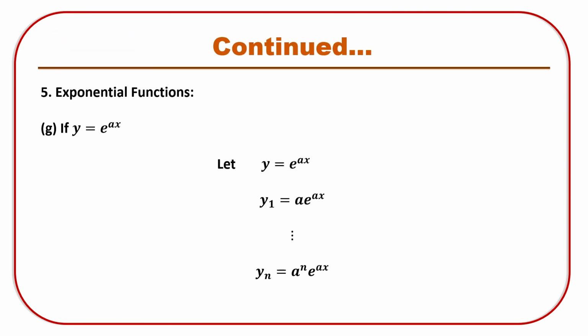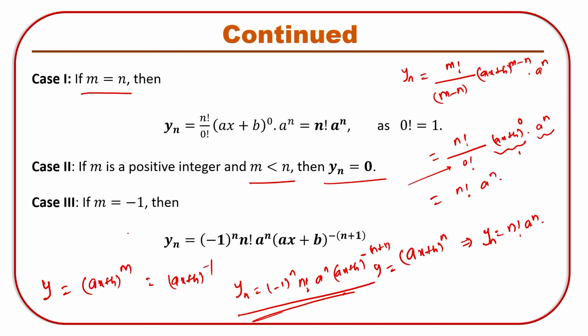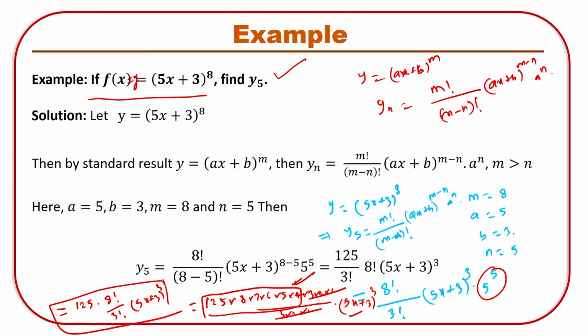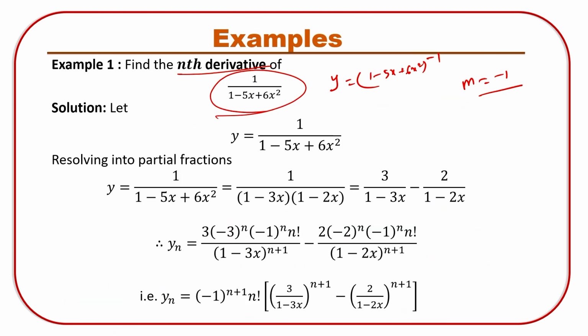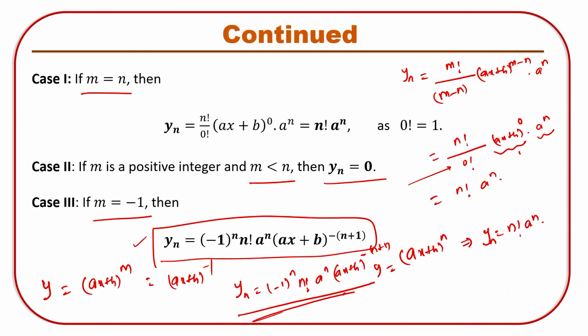For minus 1 we had the formula here, where yn is minus 1 power n and so on. So for this you can either use this formula directly. So can we go through it? I think we will go through it.